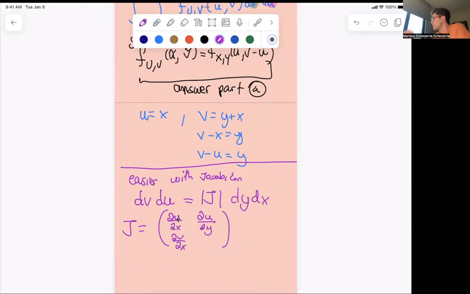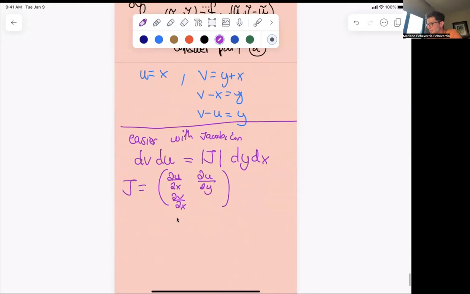I was just trying to remember if the derivatives with respect to x should be at the bottom or in the numerator, and which one goes in the numerator and the denominator in the usual Jacobian. So let me just check.